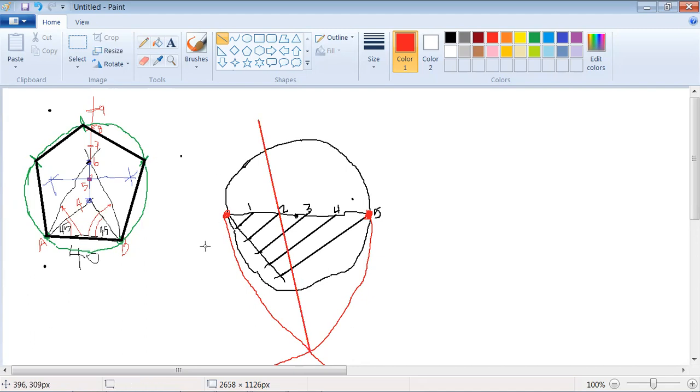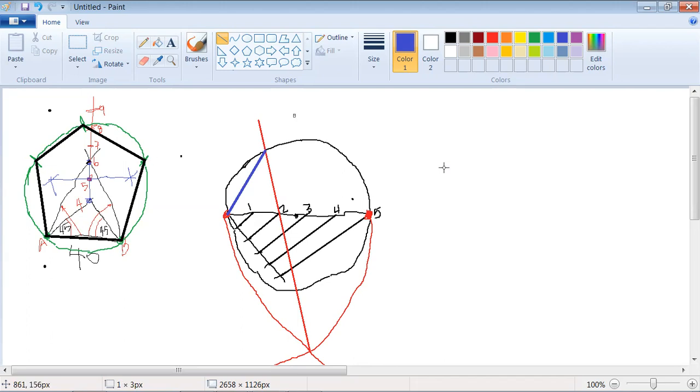As soon as it passes through the point 2 and cuts the circle, automatically it's going to give you the first side of the polygon. Let me draw it over.